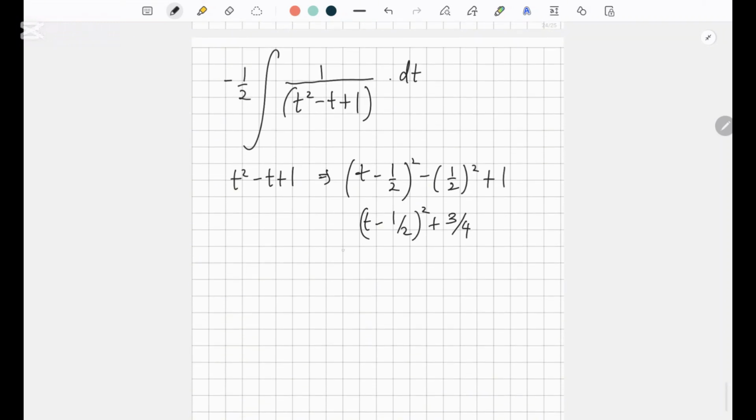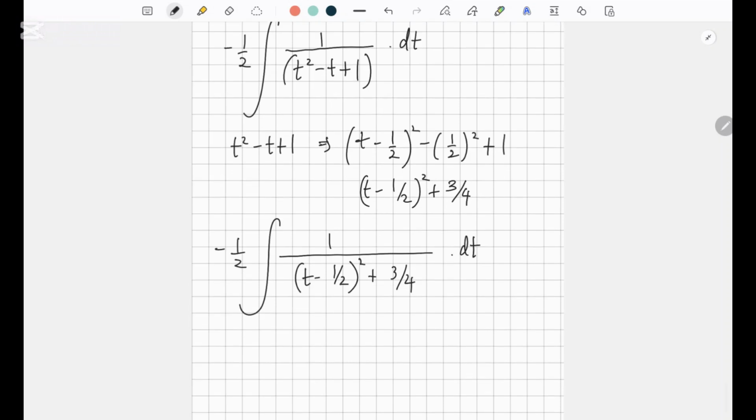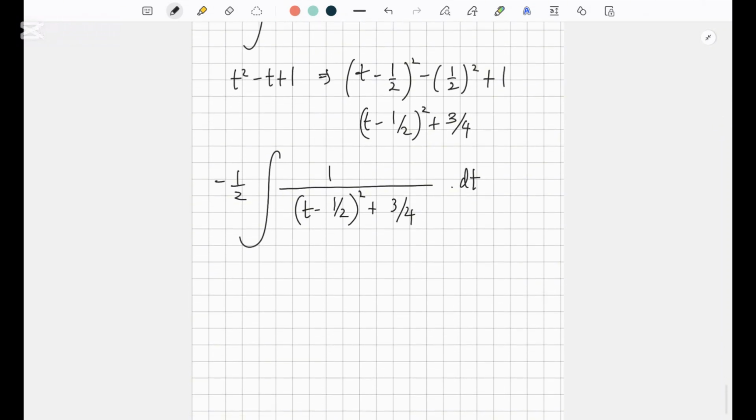So then I could write minus half into the integration of 1 over t minus half squared plus 3 over 4 dt. What I'm going to do now is take 3 over 4 outside.